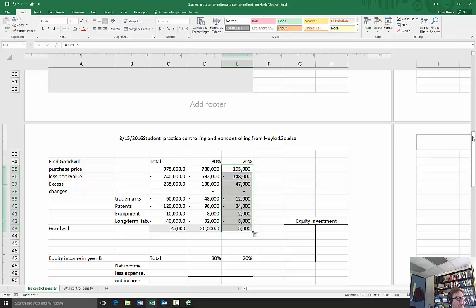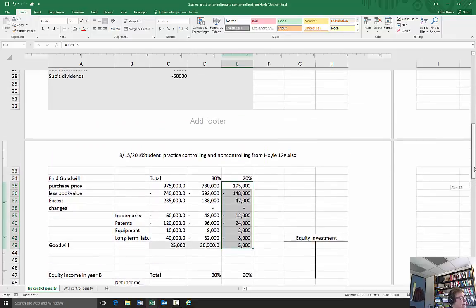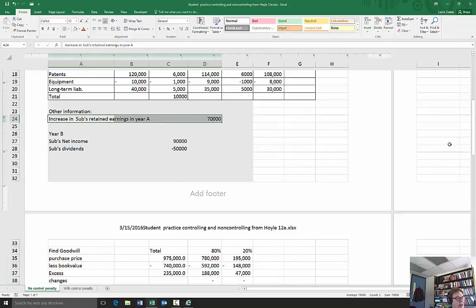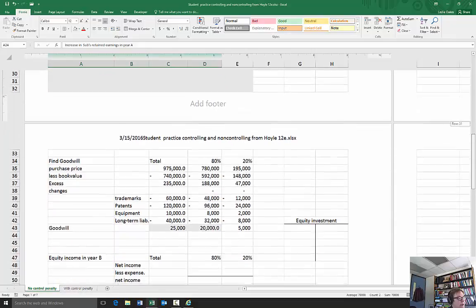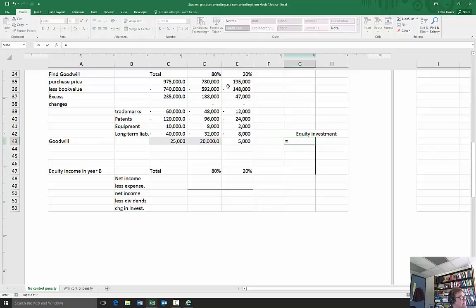Okay, I'm going to stop. Oh no, I think I'll do one more thing. Let's go ahead and look at equity income for year B, and then we'll look at what's happening with equity investment as well. Notice we do have information about the increase in retained earnings in year A. So if we look at the equity investment and begin with that 780, which is the purchase price, let me highlight that.